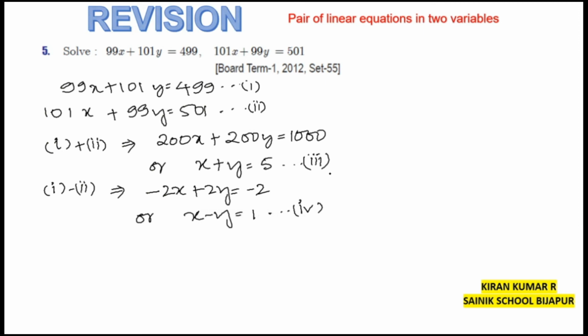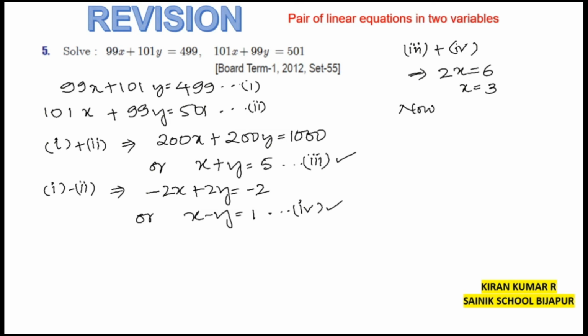Now I can simplify only equation 3 and 4. Let me do addition of this equation 3 with equation 4. By adding, we'll be getting 2x equal to 6. So the value of x is 3.